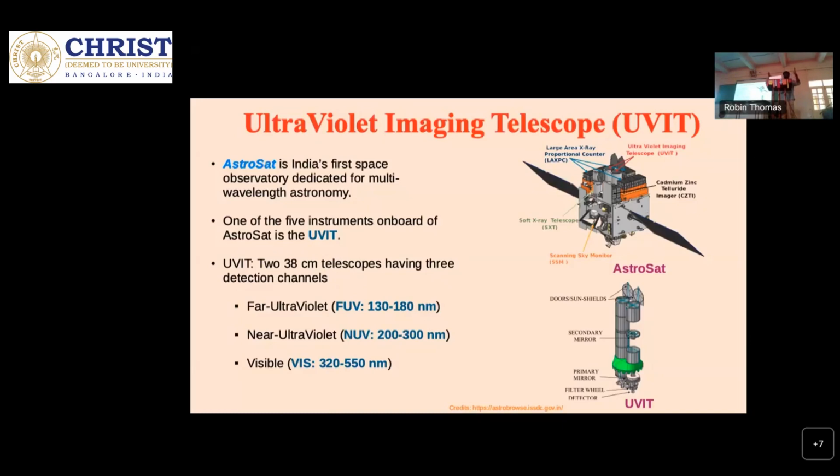We divide the ultraviolet region into 2, and the telescope receives only 2 windows. For FUV, if the light comes in between 130 to 180 nanometers from an object, it is considered in the FUV region, or far ultraviolet. In the NUV, if the light comes from 200 to 300 nanometers, we consider it as NUV. That's what the telescope does.